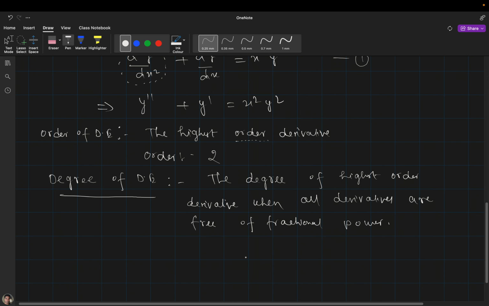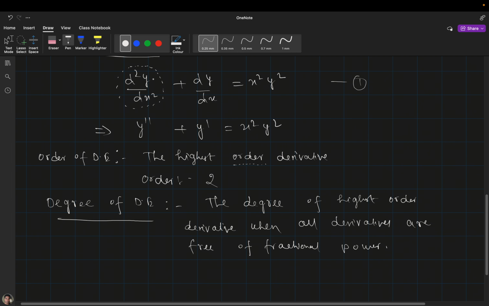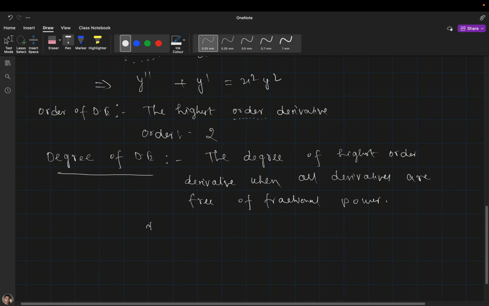So if in some differential equation some order of derivative is the highest, then the power of that highest order derivative is called the degree of the differential equation. In this case you can see that this term is the highest order derivative, and its power is actually 1. So if someone asks what is the degree of this differential equation, then the answer will be 1.